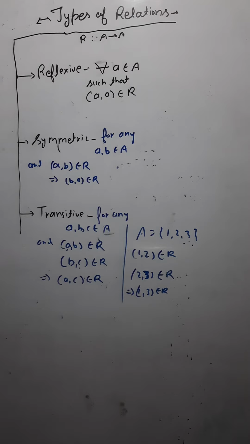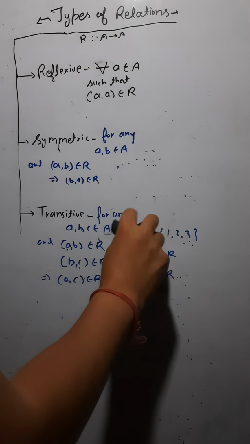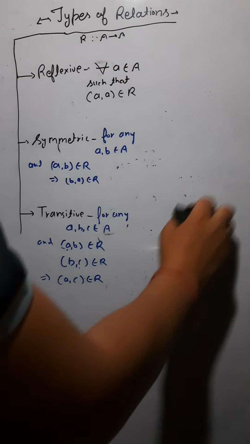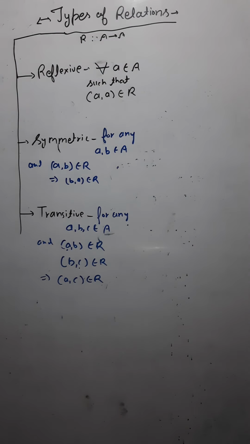Are you getting this? Very good. So now you might be getting now what is reflexive, what is symmetric, and what is transitive relation. Are you getting? Very good.